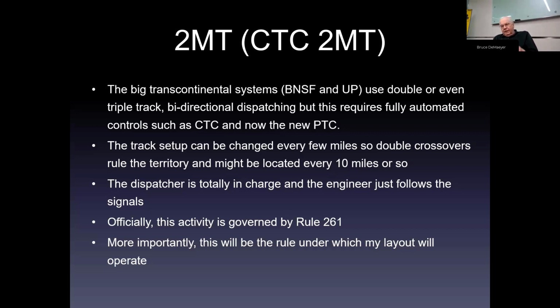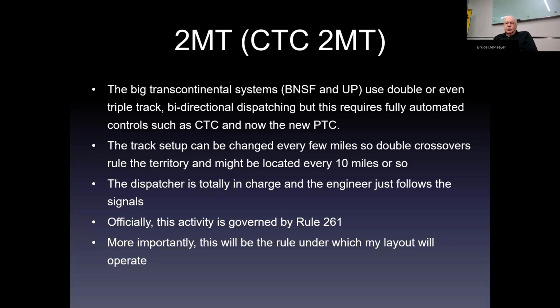So on this double set of tracks, you have double crossovers that are taking traffic from being right-hand running to being left-hand running to allow a fast express freight train to bypass a slower manifest. All of that requires signaling to be able to make that happen safely.